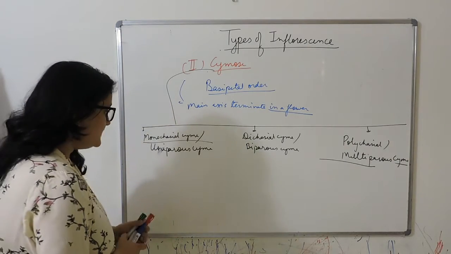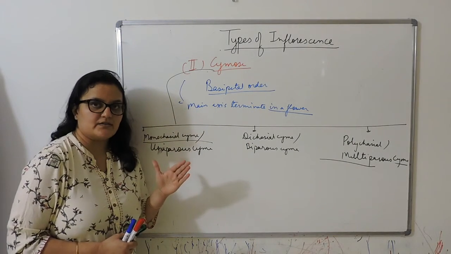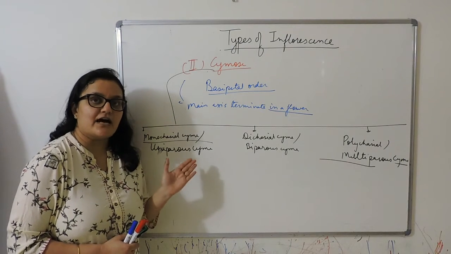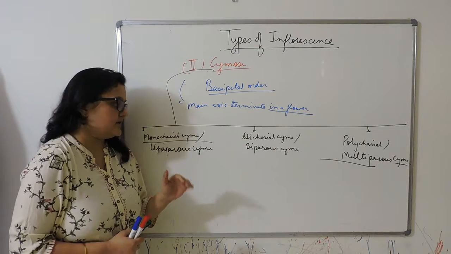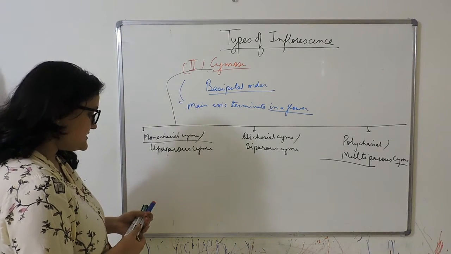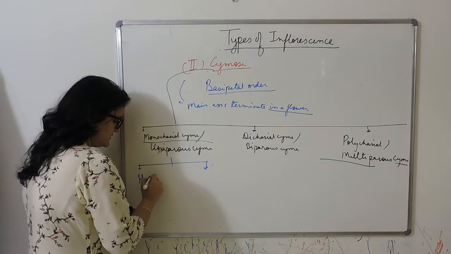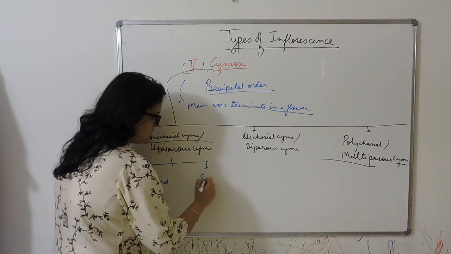So the first one is the uniparous cyme or the monochasial cyme. Here the main axis is converted into the flower, and laterally the flowers are formed on the branches. On that basis this is further divided into two: helicoid and scorpioid.